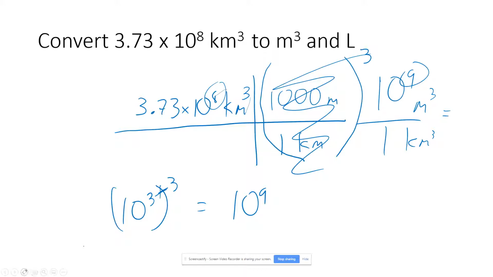And I'm going to change the color just because ink. Okay, good. So now meters cubed is in red. And so 10 to 8th times 9th is 10 to the 17th, right? So it's 10 to the 17th, 3.73 stays 3.73 because it was multiplied by 1. So 3.73 times 10 to the 17th meters cubed.